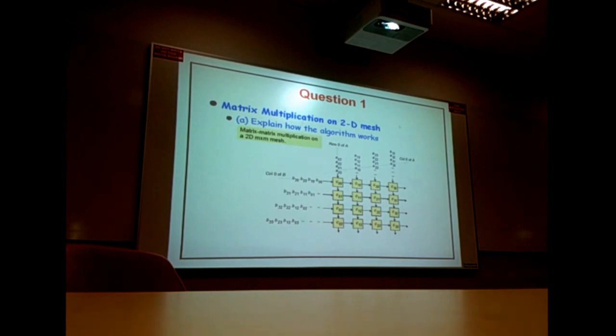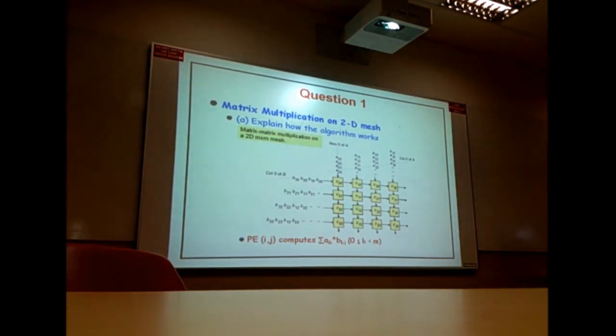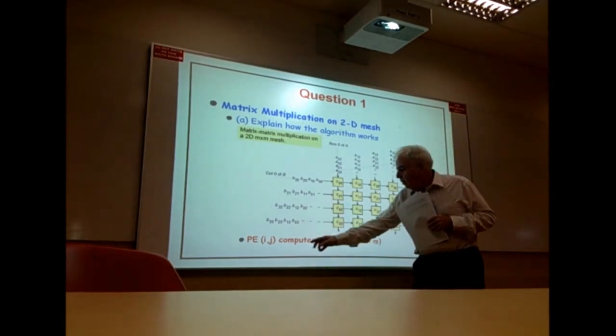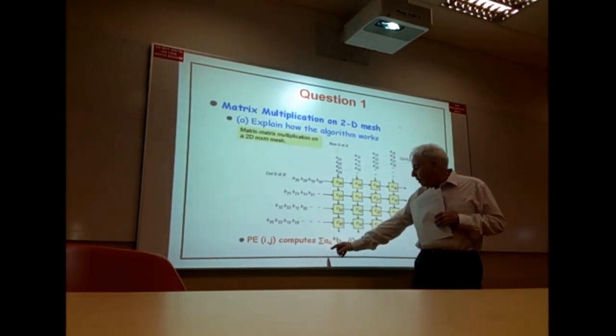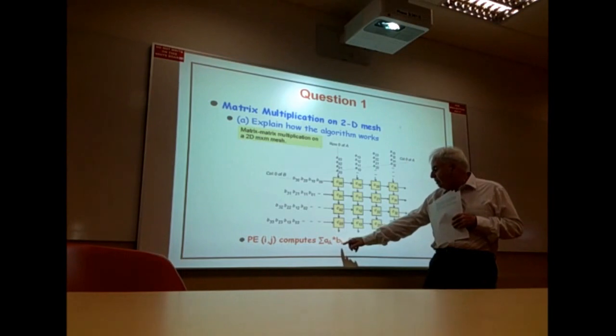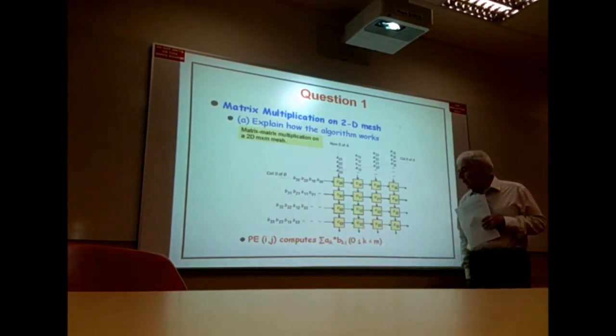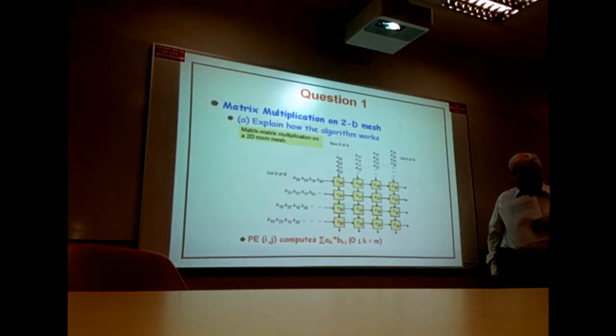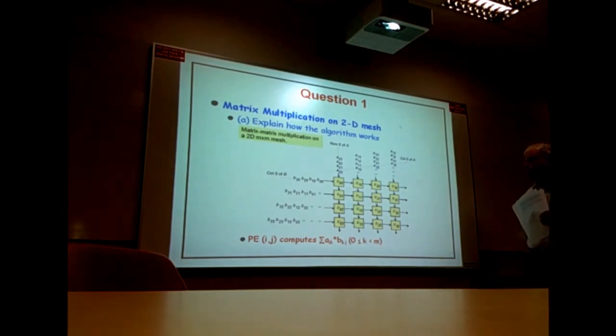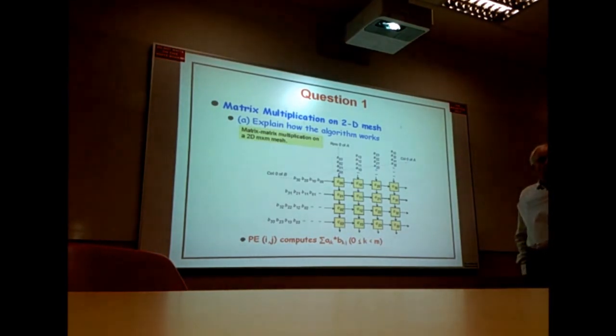So if you look at an arbitrary processing element ij, it computes a_ik times b_kj for k from 0 up until n.